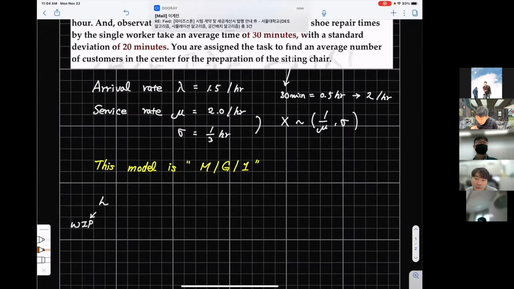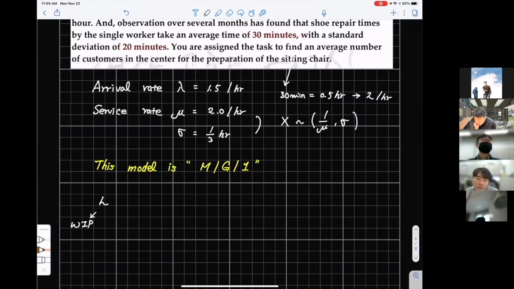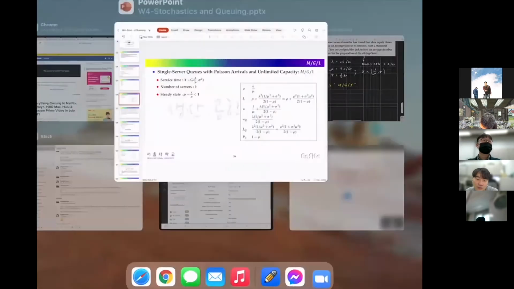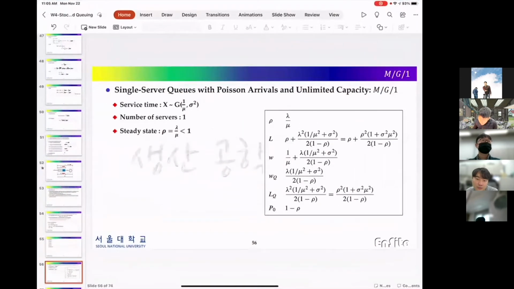So in this assignment, I'm going to follow a notation of a queuing model. So I'll use the term L. And this L is already prepared in the table of M/G/1. Let's see that one. You don't need to memorize this table because this is a very complex form, but you only need to use it.